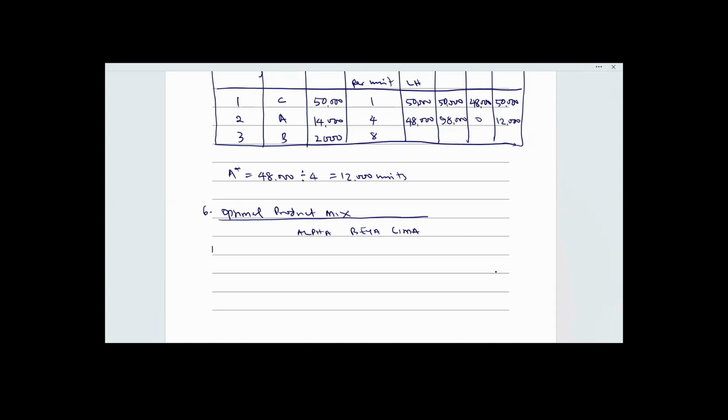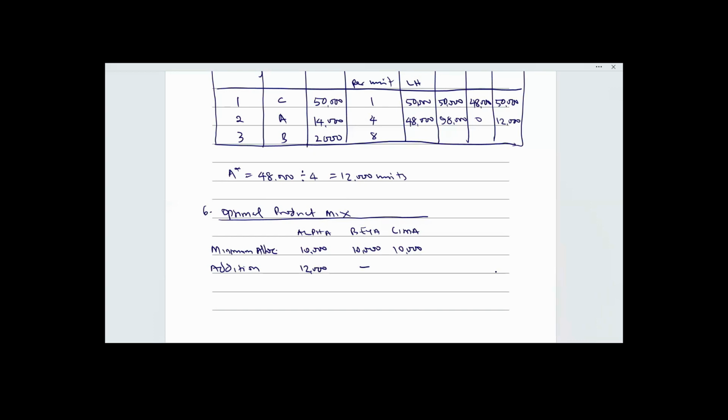So we have minimum allocation. Minimum allocation of 10,000 units across board. Then there's an additional allocation. So for alpha, we are producing an additional 12,000 units.